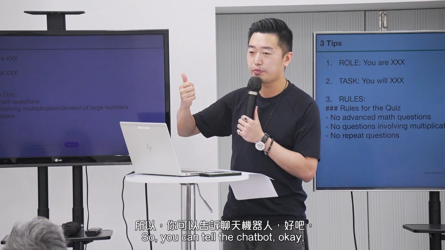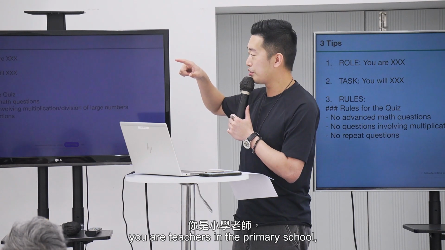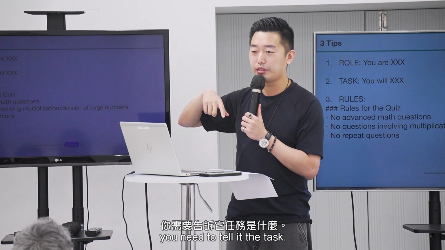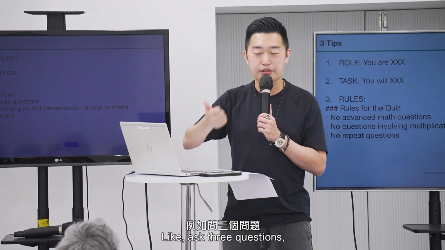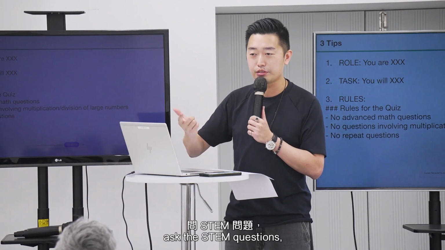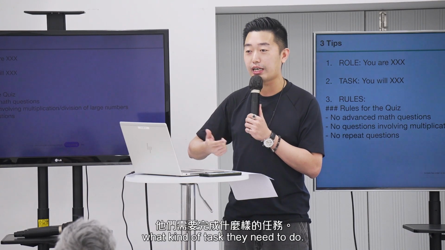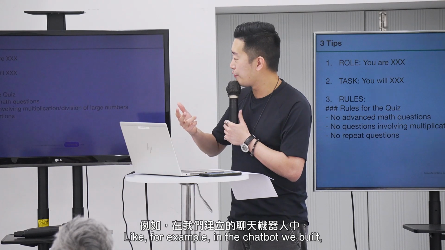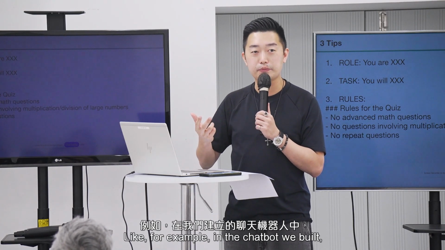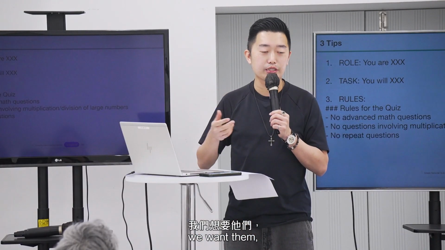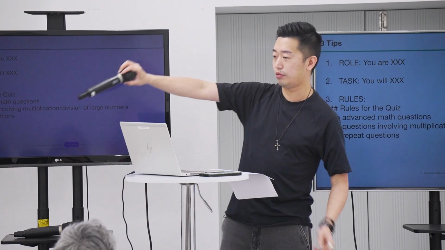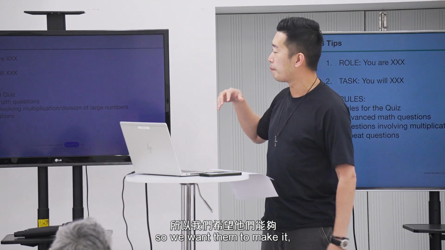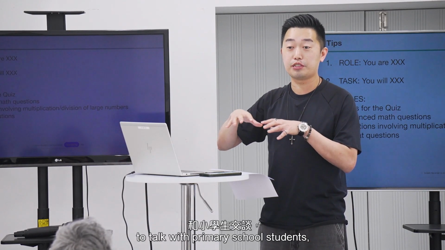So you can tell the chatbot, okay, you are a teacher in a primary school. And then the second thing, you need to tell it the task, like ask 3 questions, ask STEM questions, these kinds of things, what kind of tasks they need to do. The third one is the rules. For example, in the chatbot we built, we want it to talk with primary school students, right?